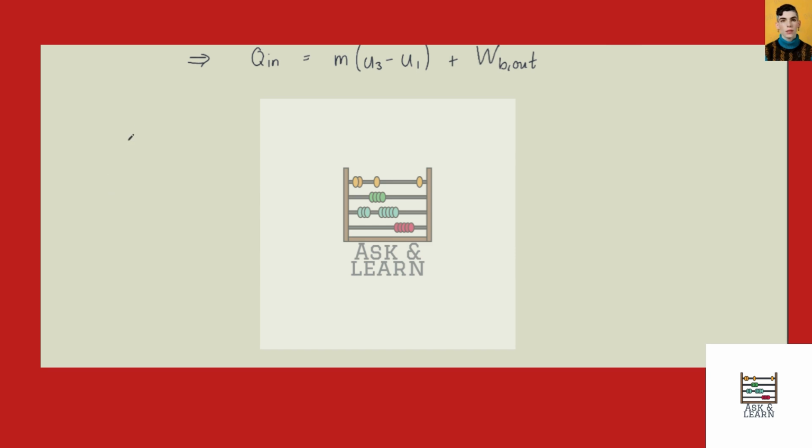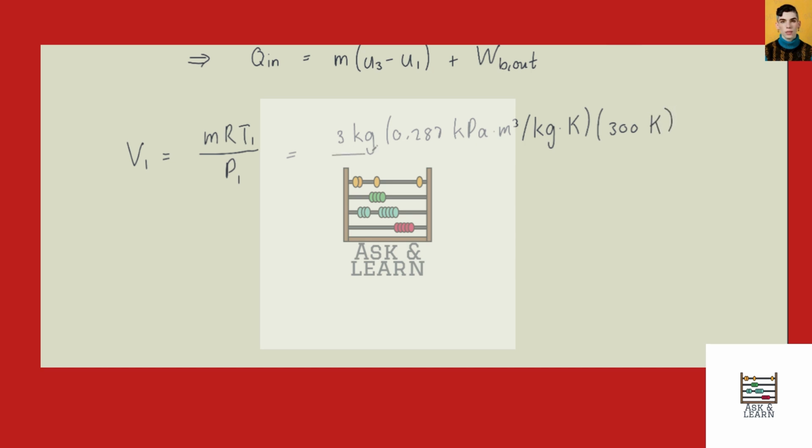So the initial volume V1 is equal to mRT1 over the initial pressure P1. So this volume is 3 kg into R, which for air is 0.287 kilopascal meter cubed per kg Kelvin, times T1, which is 300 Kelvin, all over the initial pressure of the system, 200 kilopascals.